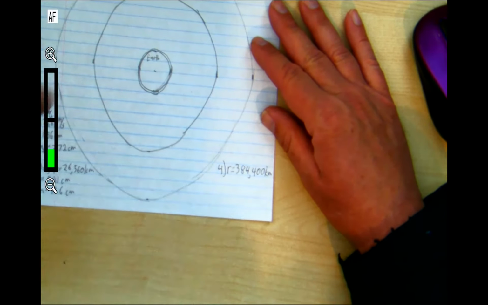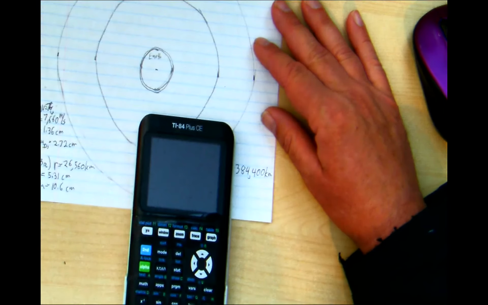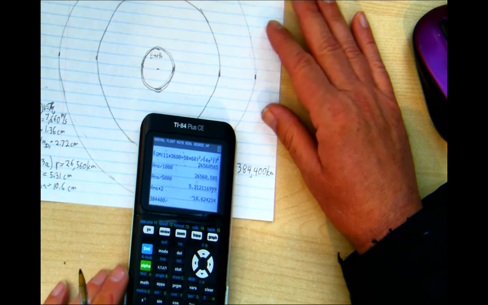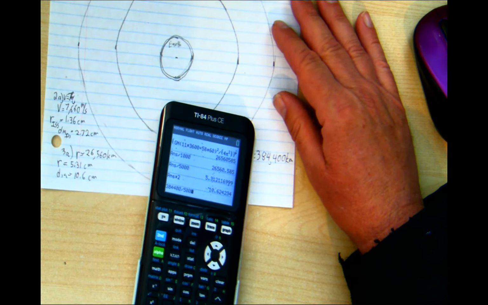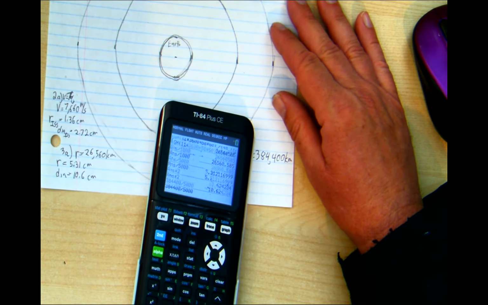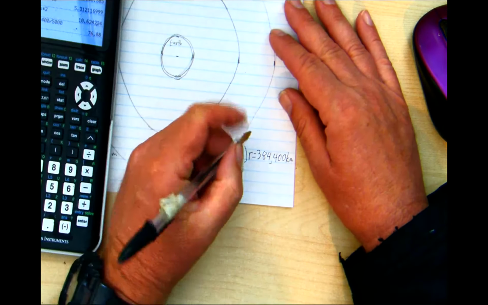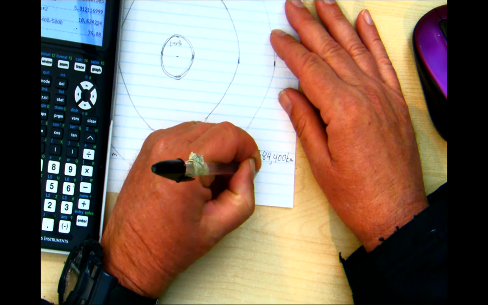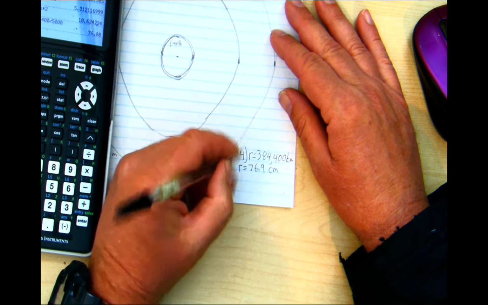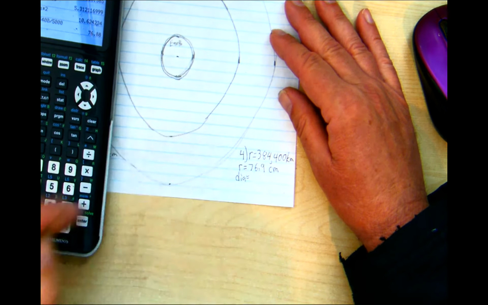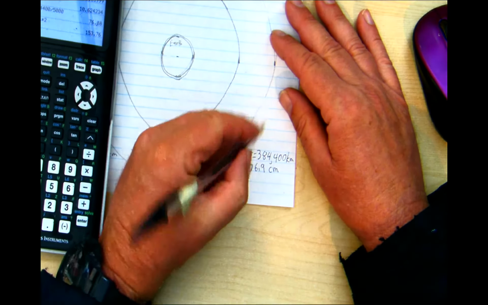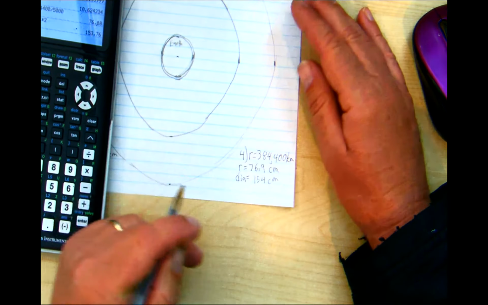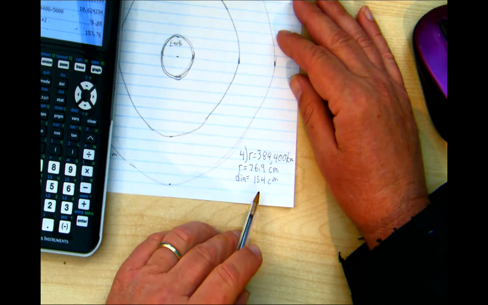To figure out what the scale is, we take that number, 384,400, and divide it by our scale factor of 5,000 kilometers per centimeter, and I get an orbit radius of 76.9 centimeters. Doubling that means the diameter would be about 154 centimeters, which is 1.5 meters in diameter.